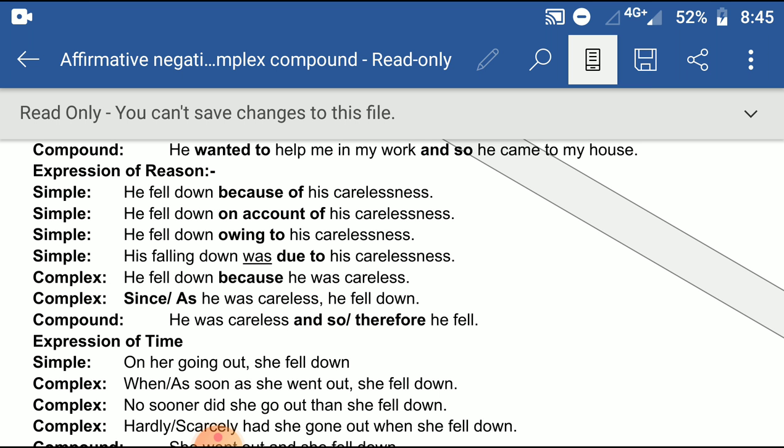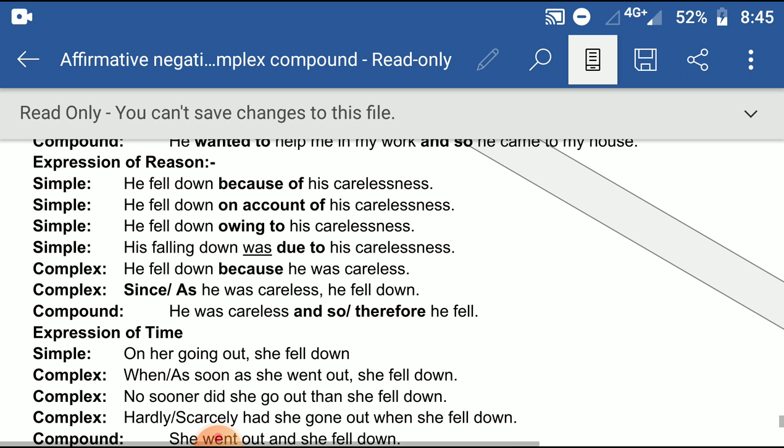Now when fell is a verb, in a simple sentence there is no other verb. We have to change that fell into falling. Falling is present participle. That he was a subject, fell was a verb, fell down. Now what we did is that he will become his, that is a possessive pronoun.